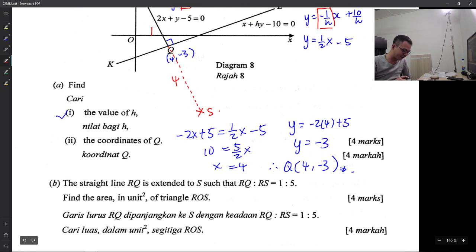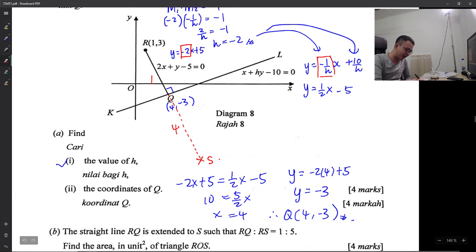So find the area of ROS. They ask you to find the area for ROS, so I need to find the coordinate S first. I'm going to call S as (x, y) because I need to find it.